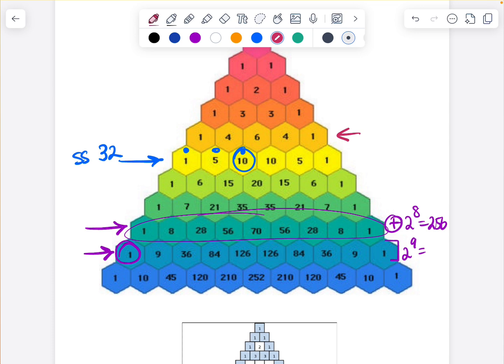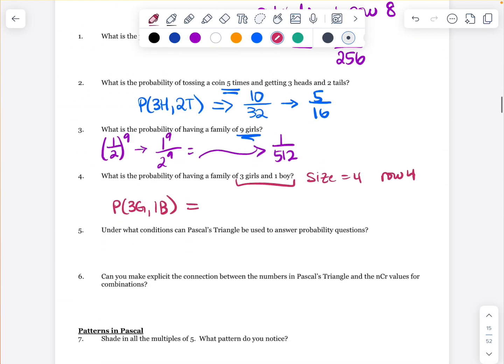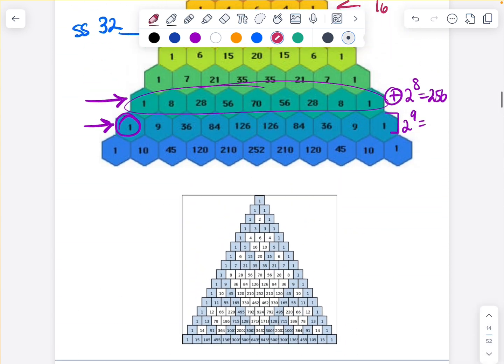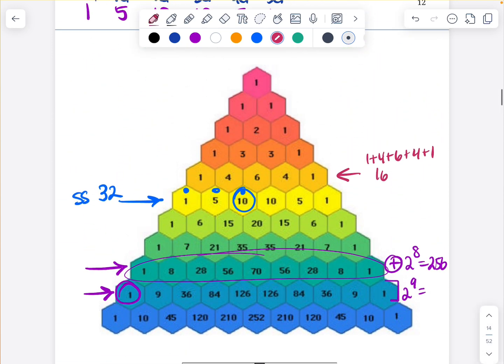So it looks like my sum is 1 plus 4 plus 6 plus 4 plus 1. So that's going to be 2 plus 10, so 12, so 16 total. And I want to have 3 girls, not 4 girls, 3 girls. So if 4 girls was here, 3 girls would be this guy right here.